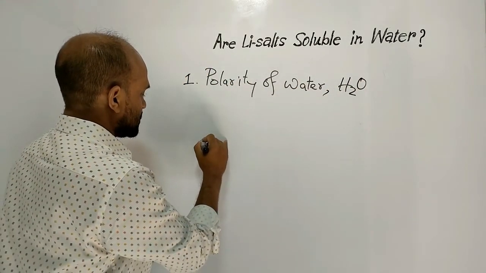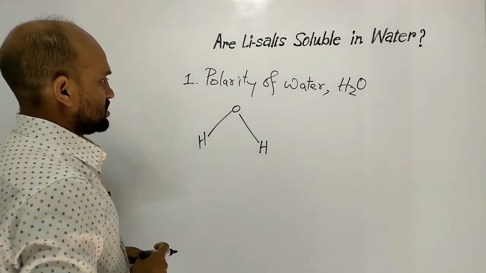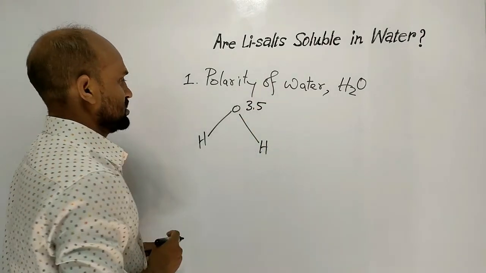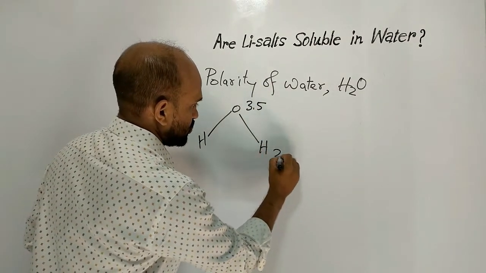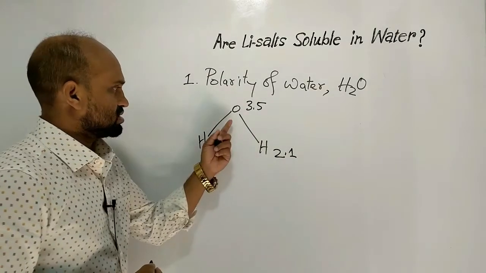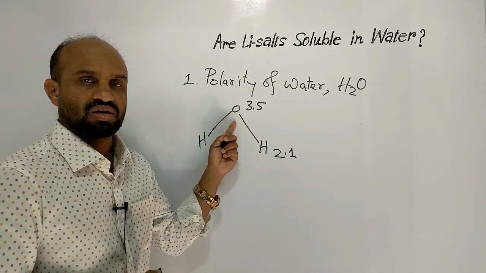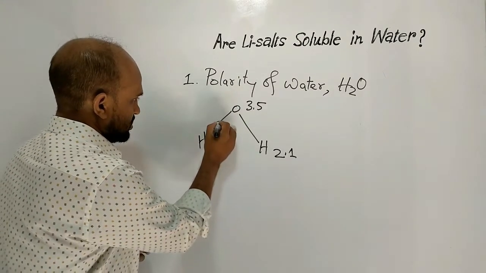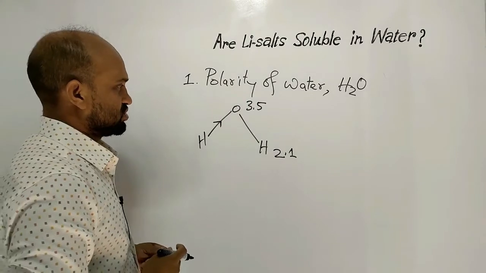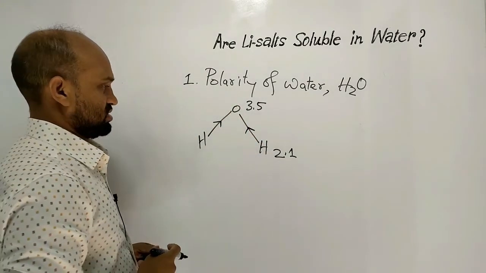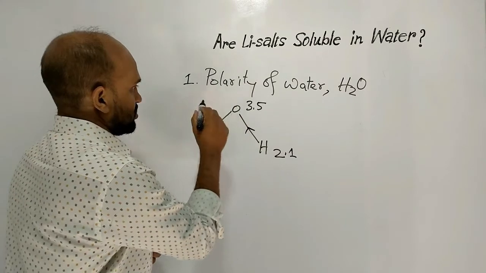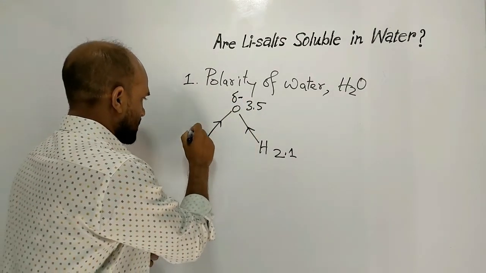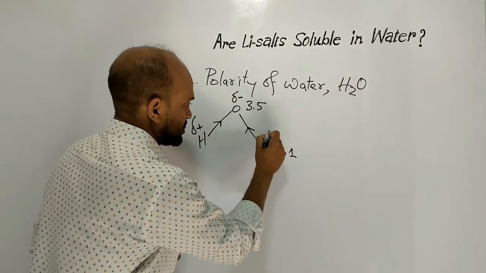Structural formula of water is... Electronegativity of oxygen is 3.5 and hydrogen is 2.1. As oxygen is a higher electronegative atom than hydrogen, covalently bonded electrons move towards oxygen, and as a result, oxygen gets partially negatively charged and hydrogen gets partially positively charged.